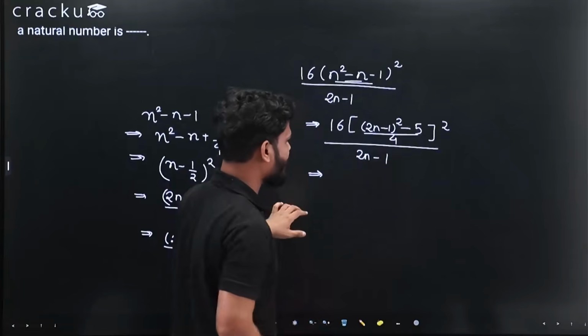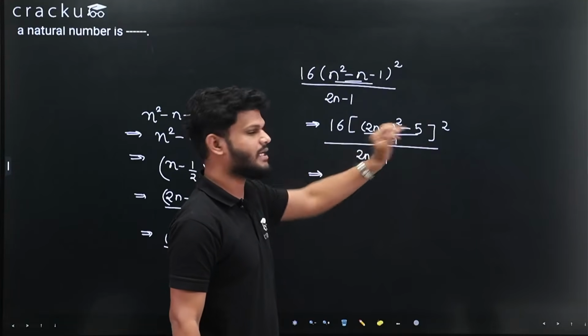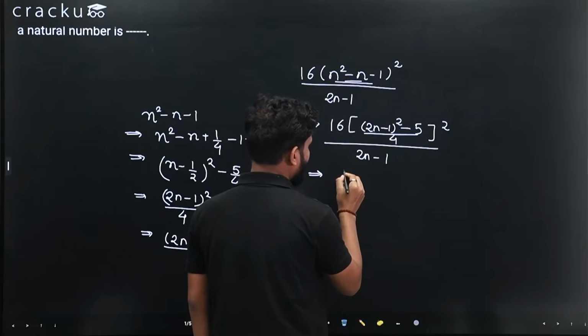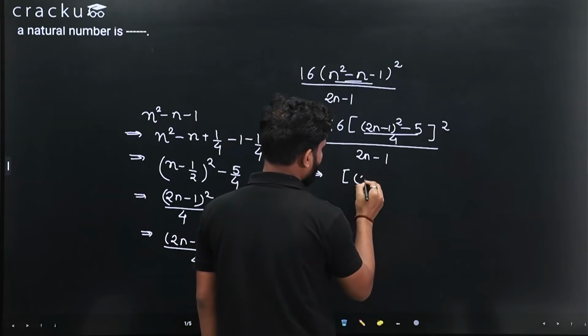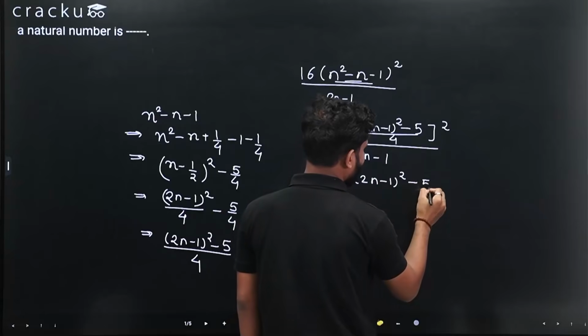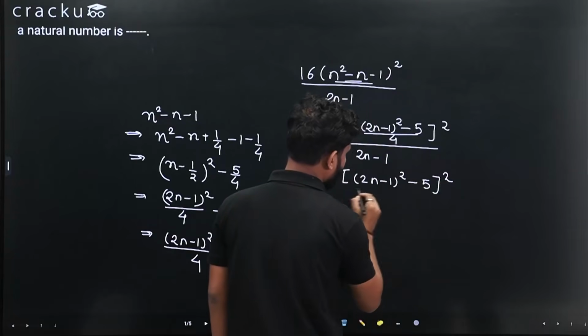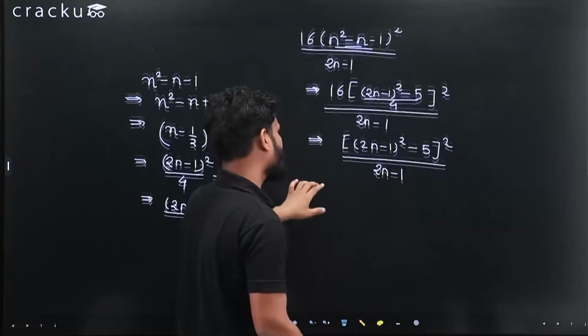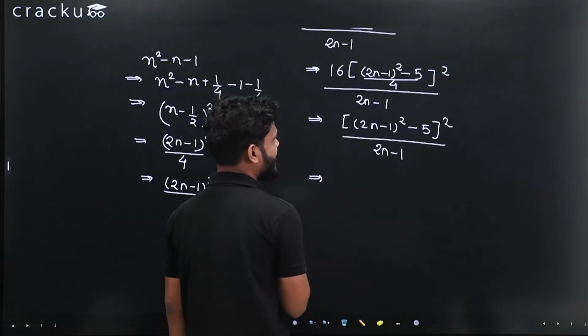Now from here what I can do? This 4 square is in the denominator. 4 square is 16. So 16 will get cancelled. And in the numerator I will have 2n minus 1 whole square minus 5 whole square divided by 2n minus 1.